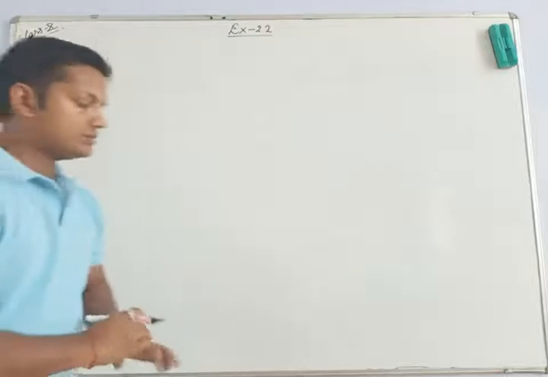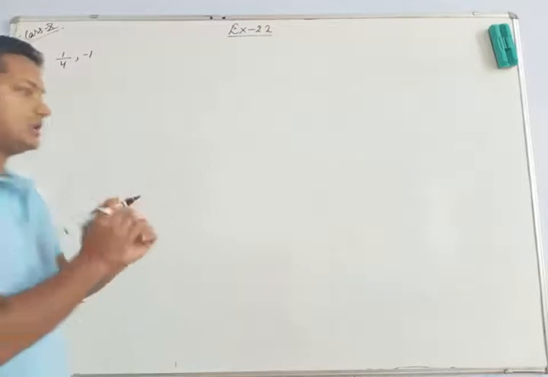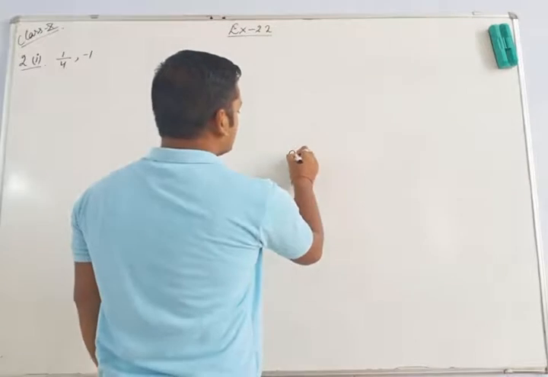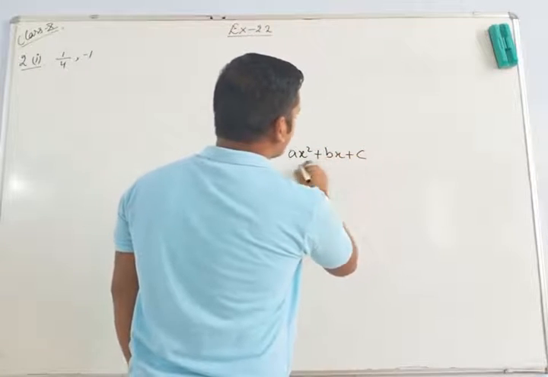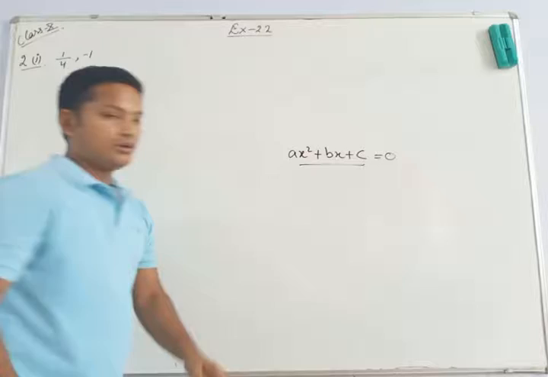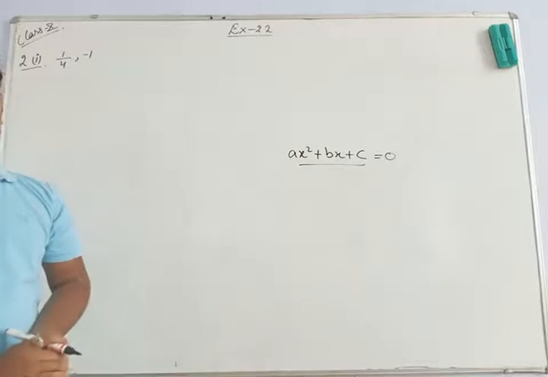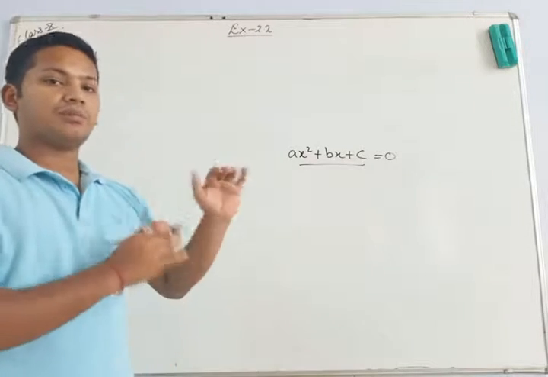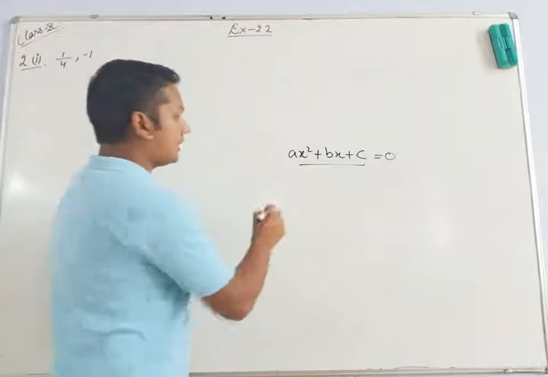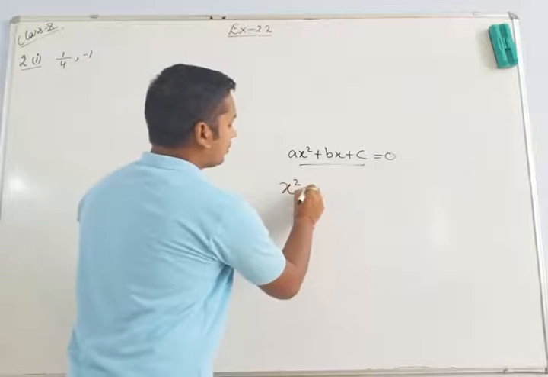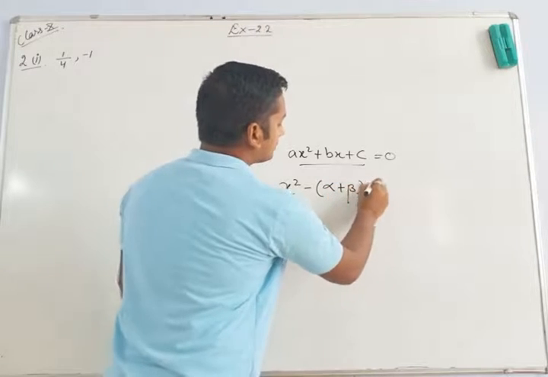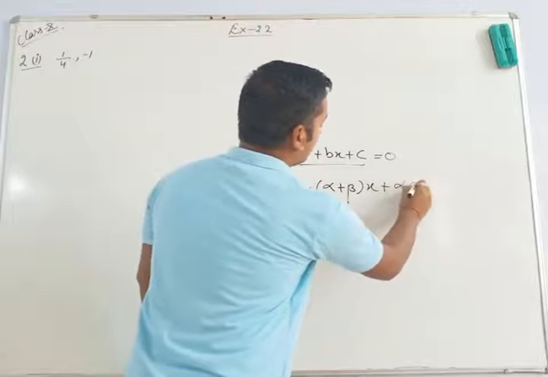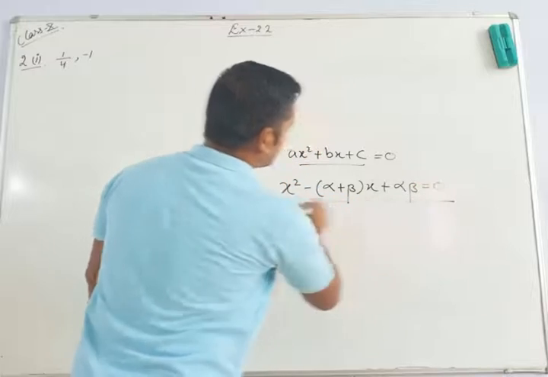So since we have seen the quadratic polynomials or quadratic equations are of this form, and another form we have seen in our previous videos is that a quadratic equation can be expressed in the form of x square minus (alpha plus beta) x plus alpha beta equals to 0.